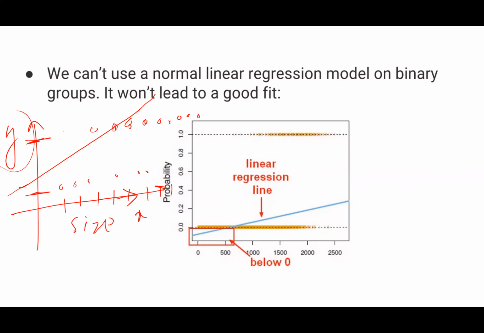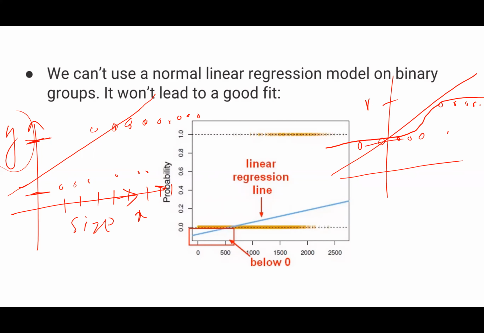So instead of having a straight line, I want a curve like this, where my output lies between 0 and 1, because a straight line may not solve my problem completely.